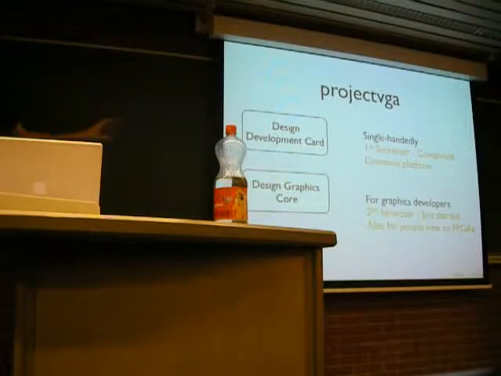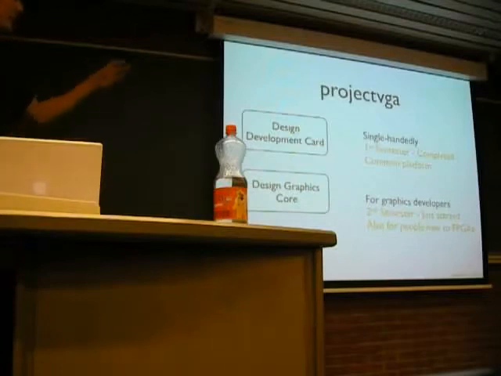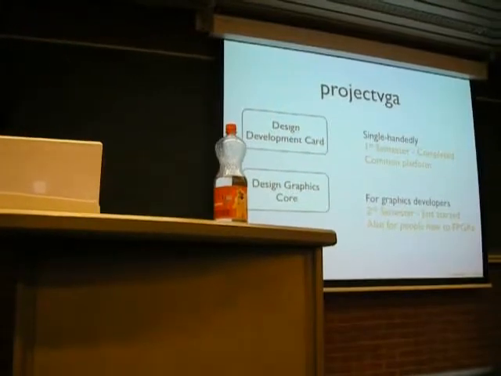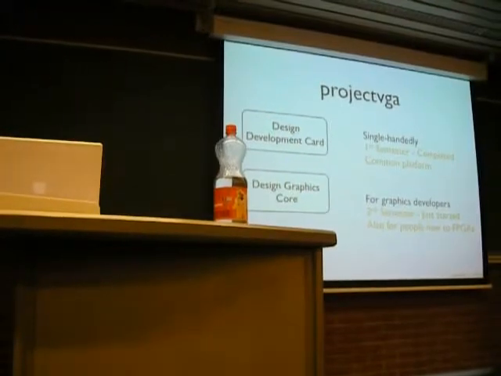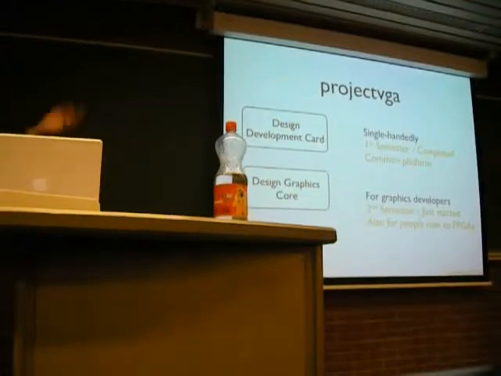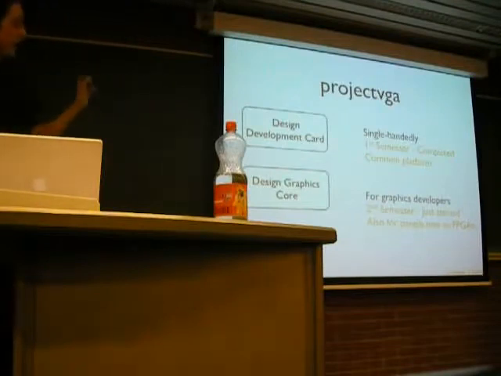The second semester would be really just to get this core working, the VGA output working. And the first one is really, as I said, a common platform to learn how to use FPGAs and to see how graphics development will work, and to get the whole idea for the source stuff.